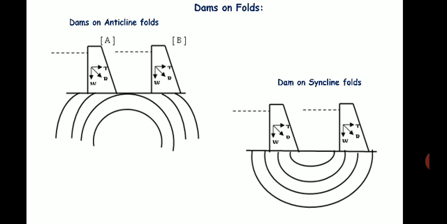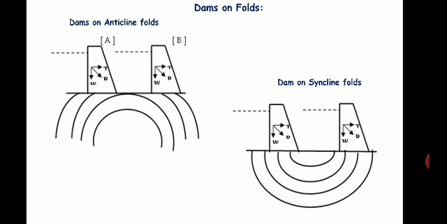Folds are the wavy undulations which are developed in the rocks because of the forces acting on the rock. So if highly folded rocks are present, then that should be avoided. Such sites should be avoided. And if we adopt some precautionary measures, then you can have different cases here.